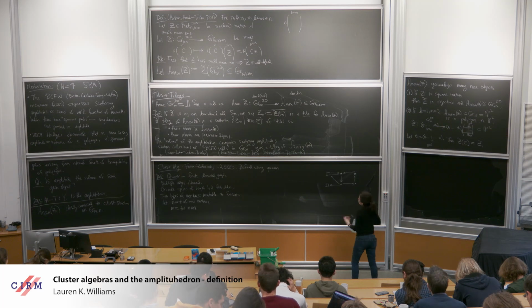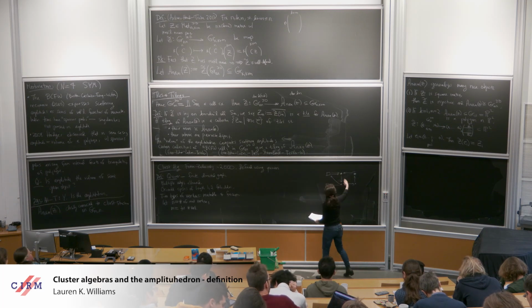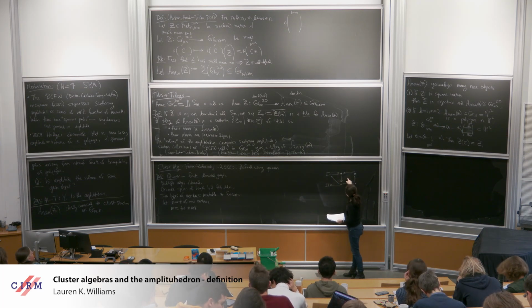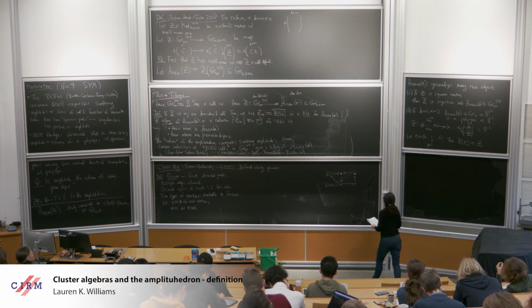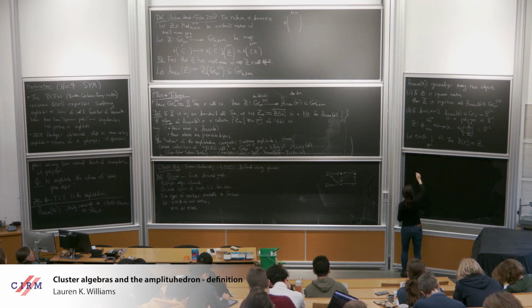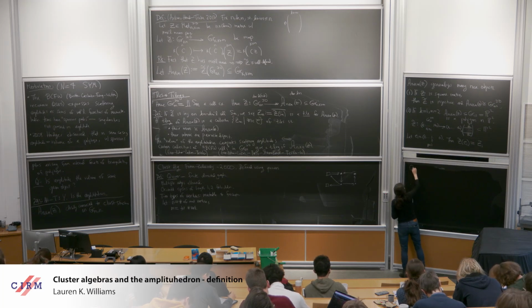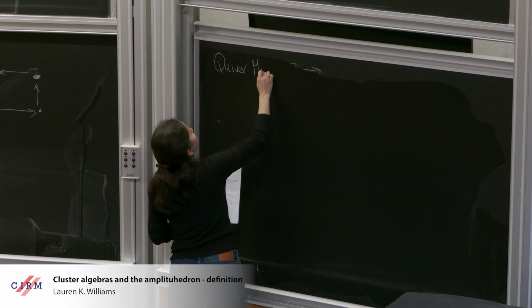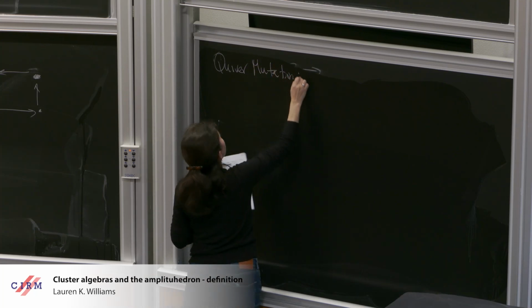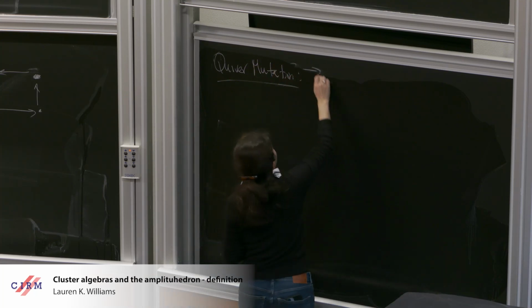Quiver mutation is an operation that I can perform if I choose a quiver and I choose a particular mutable vertex. So here's quiver mutation.